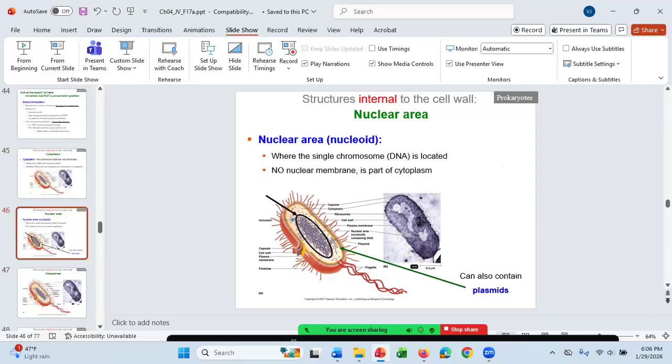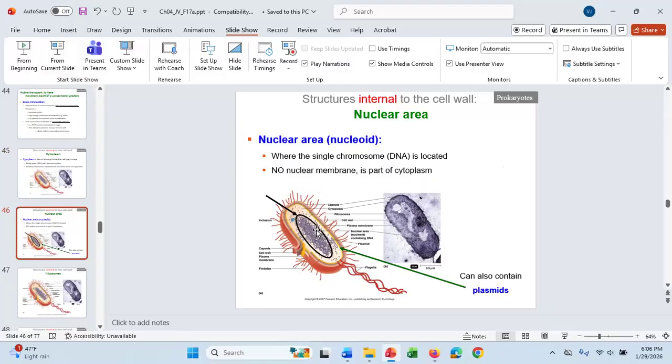The nuclear area, called the nucleoid region in a prokaryote cell, is wherever the single chromosome or DNA is floating in the cytoplasm. There is no distinction between the cytoplasm and the nucleoid region because there's no boundary. It's wherever the chromosome starts to float.